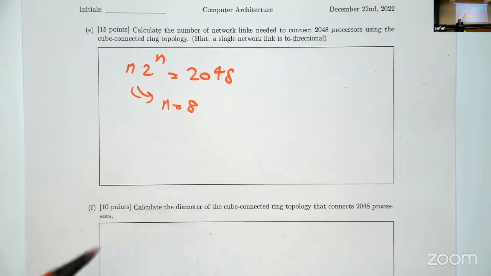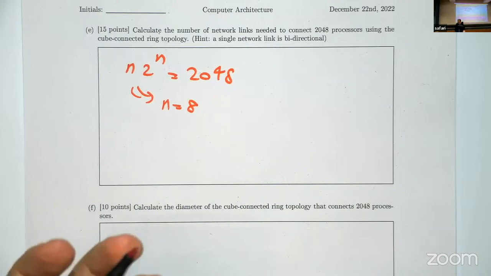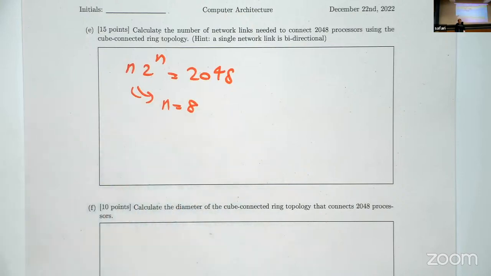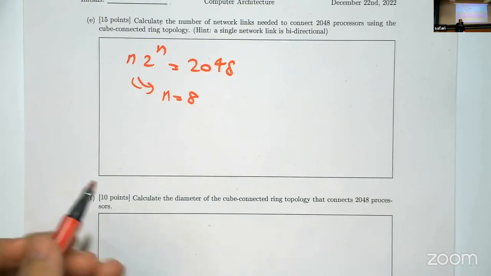Okay, so now that we know n is 8, we should calculate the number of links. Actually, we don't really need to calculate n here, because there is another easier way to calculate the number of links.